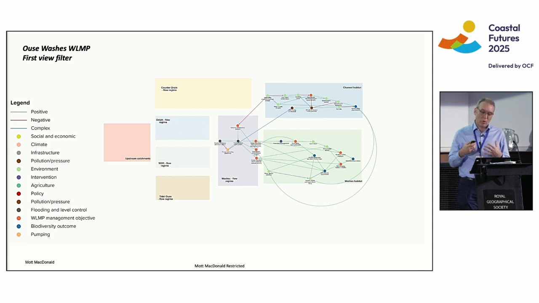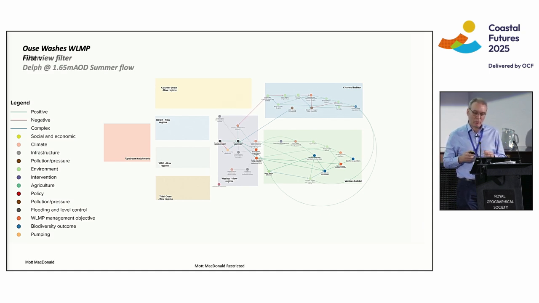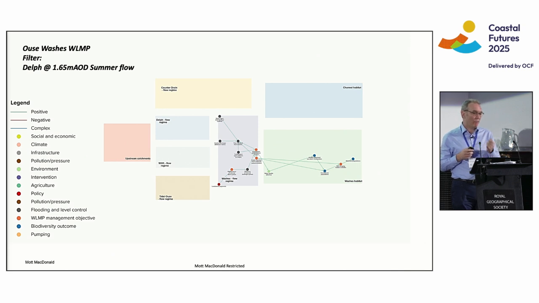Again, we've got a high-level map, but then we were able to use it to say, for each river, what are the cascading impacts when you get above a certain threshold or below a certain threshold? Being able to look at it in each river was really useful in developing the water level management plan because we could be sure that everything had been taken into account.